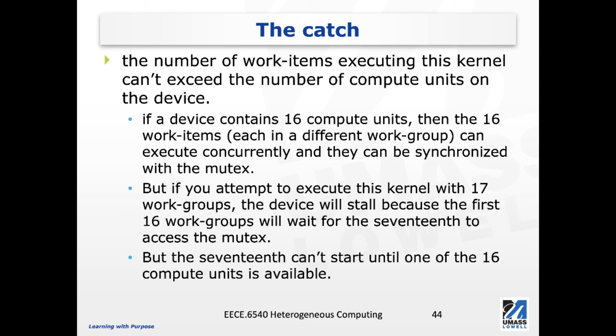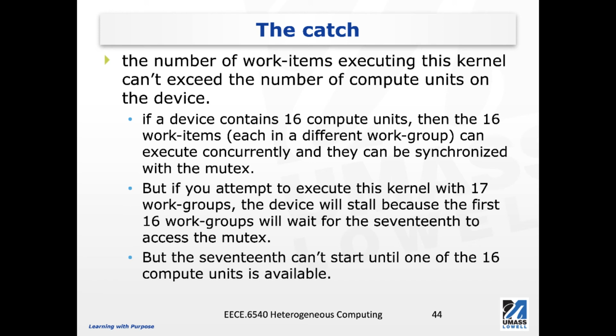Okay, so let's say we have 16 compute units and we have 17 work items, each in a different work group. So what will happen is 16 out of the 17 work groups will be mapped to the compute units, and launched for execution. And these 16 work groups, and specifically these 16 work items, will execute.